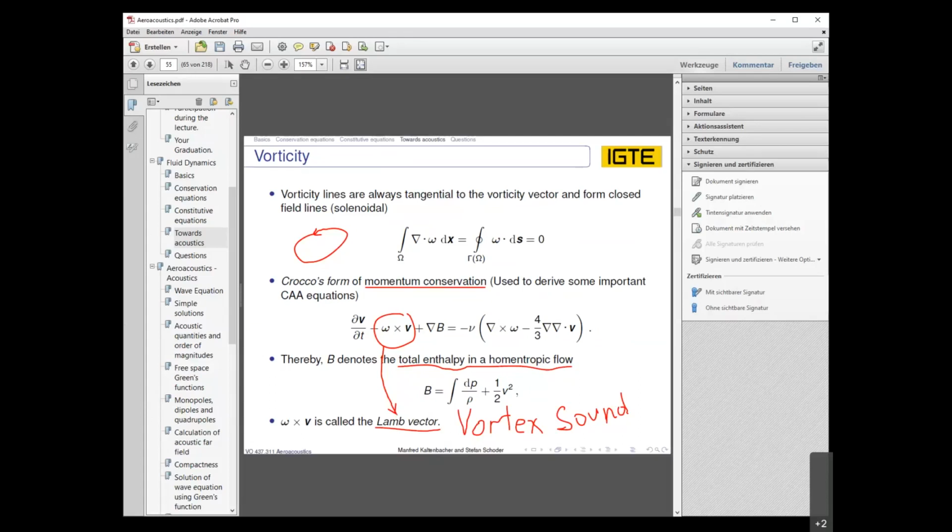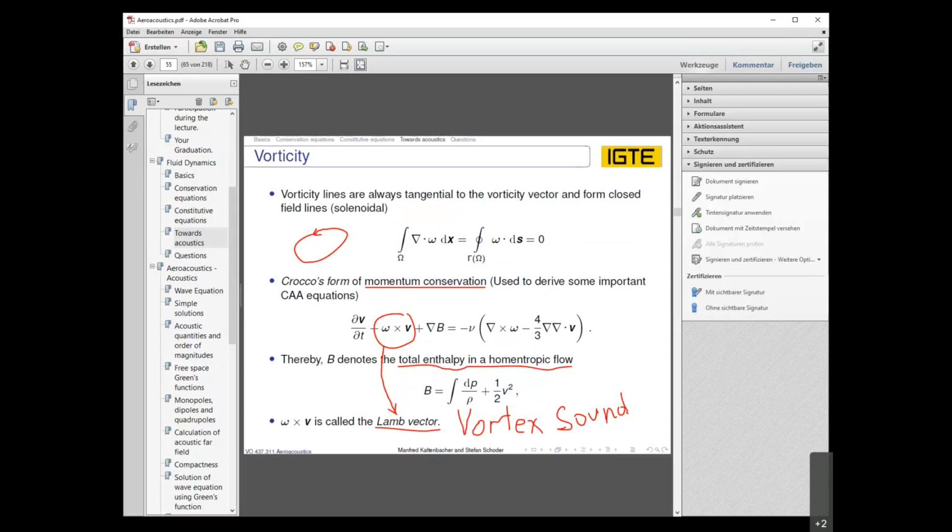Any questions on that? Okay, then we proceed. Yes. So does it mean if the lambda vector has large numbers, the vortex sound is louder? Yes.